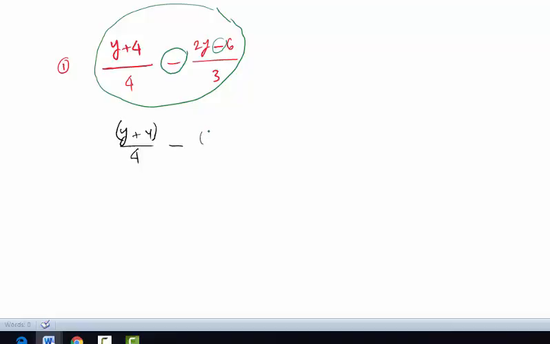Whenever fraction bars are given like that, we have to pretend that there exists a parenthesis on the numerator.